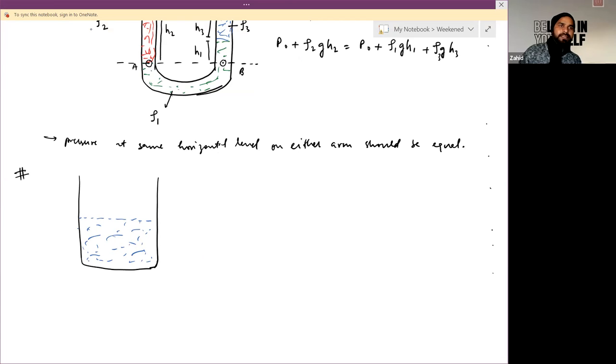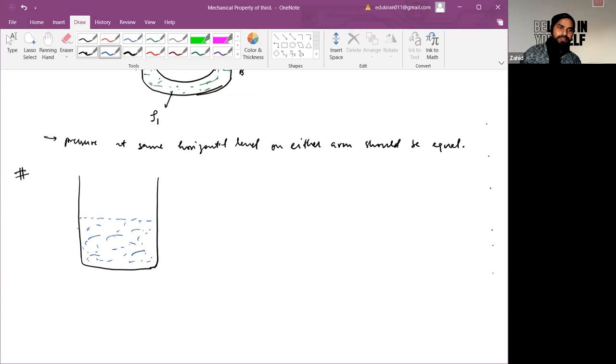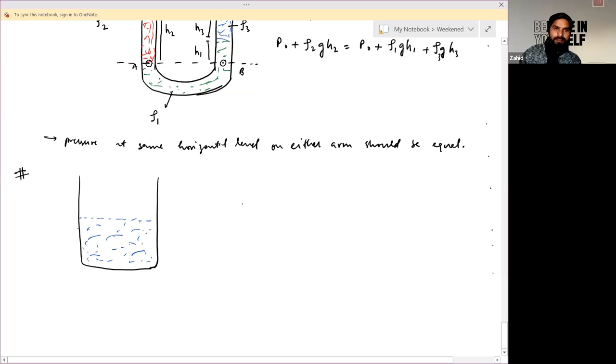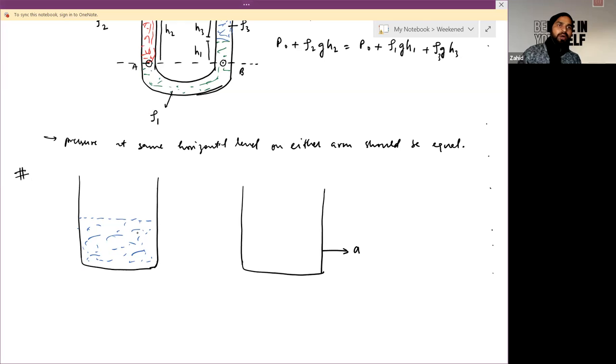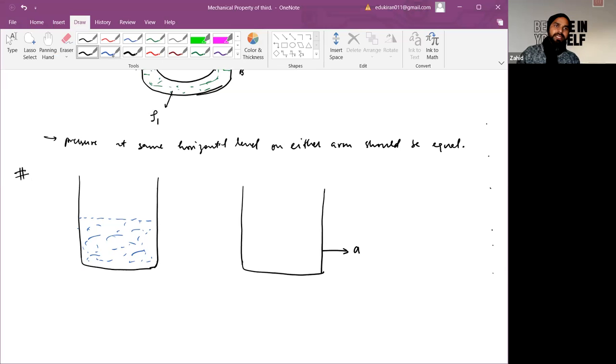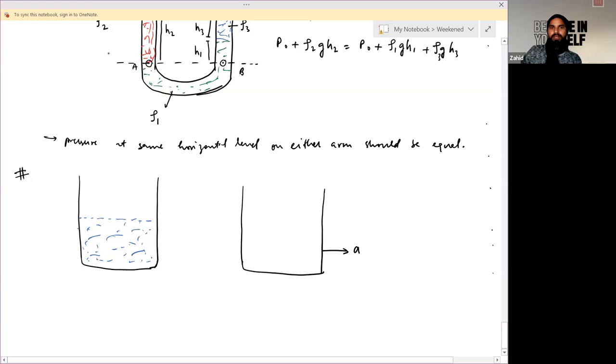Now it is accelerated along the horizontal direction by some acceleration A. How will the level of liquid in this container change, or in which direction will it get raised?